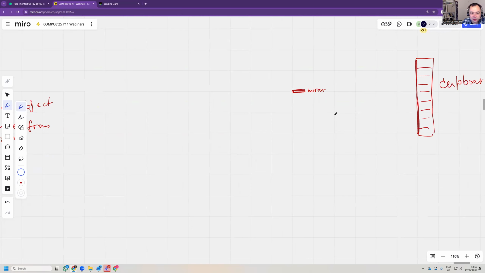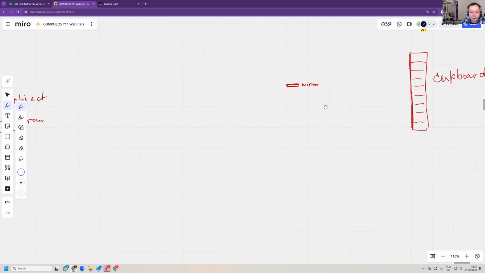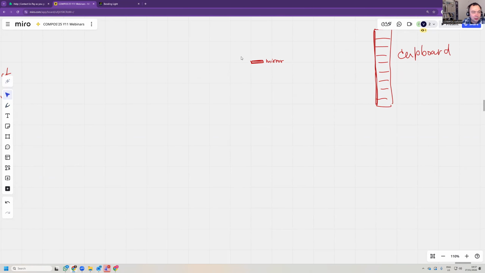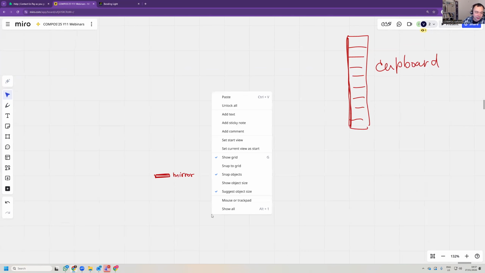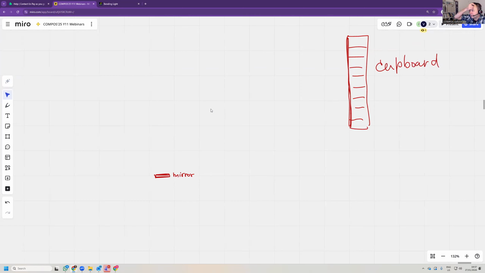No, that doesn't make any sense. Okay, I'll put the mirror right here. So this is the mirror. This is the cupboard. I think it's like seeing an object further away. And yes, you're bang on. Yes, it is exactly what it is.